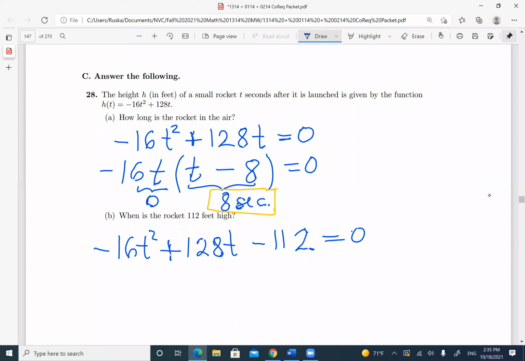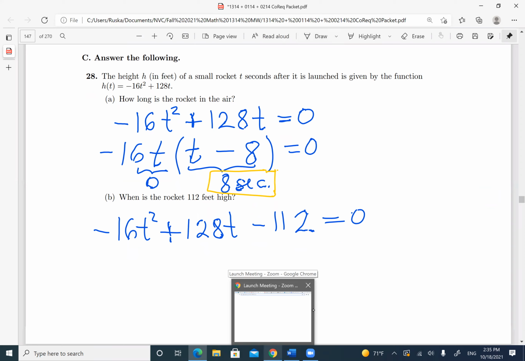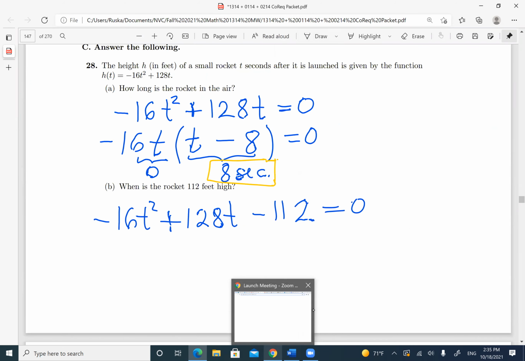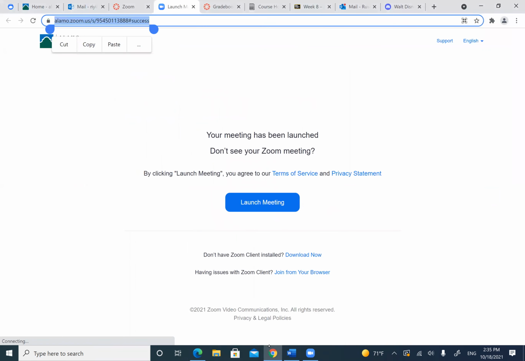Okay, so when you solve this equation, you're going to find when the rocket is going to be at height 112. And here, I think I show you how to do this with the symbol app. I'm going to use that. It's going to be easier that way. So let me get here the symbol app.